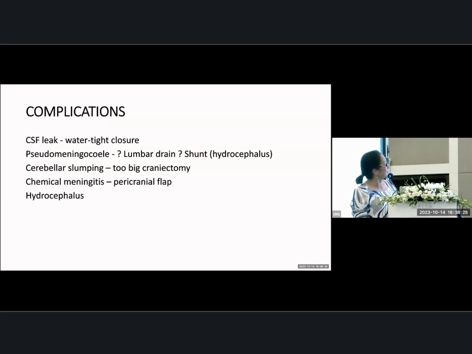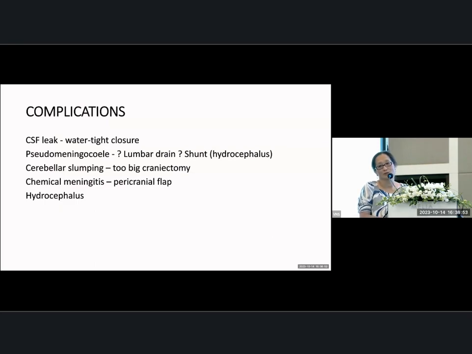not transient. You can get symptoms of cerebellar slumping if your craniectomy is too big, in which case you can go back in and perhaps use some titanium mesh to help close the craniectomy site. I've noticed a few cases of a chemical type meningitis with colleagues who use a synthetic dural flap.